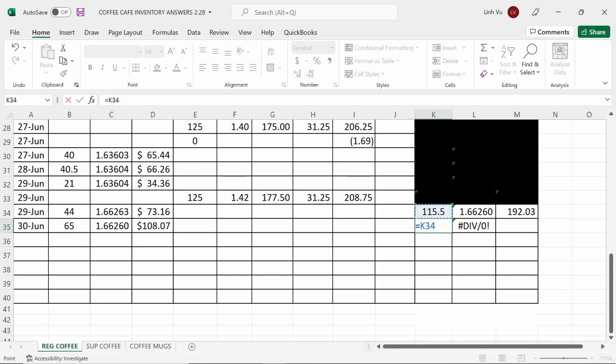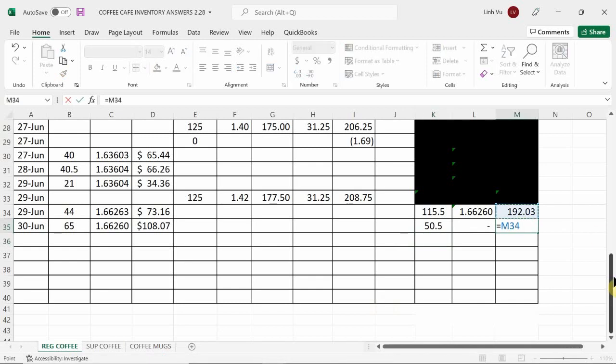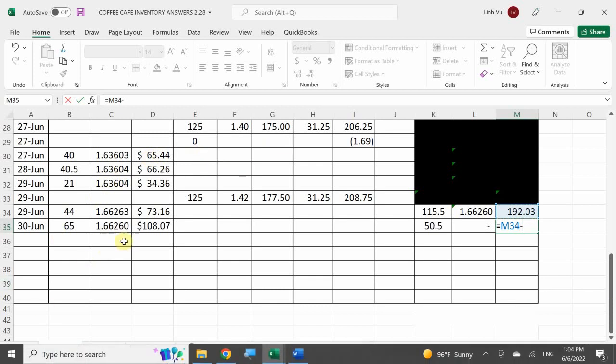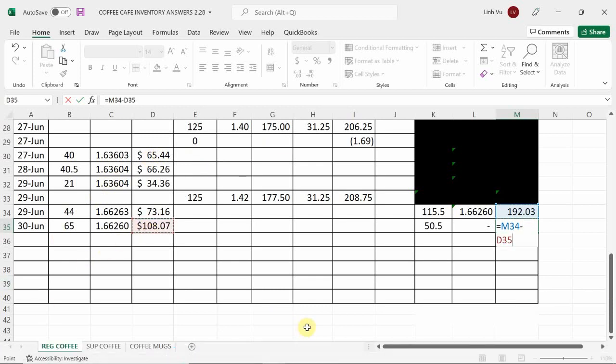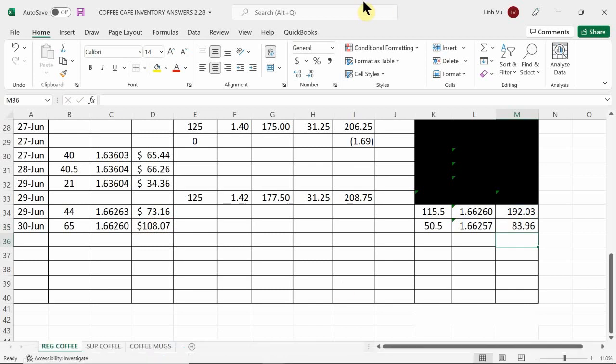So in this case, we sold 65 pounds, so I should have a remainder of 50.5 pounds left. At a grand total, if I had 192.03 and I sold $108.07, then I have $83.96 remaining.